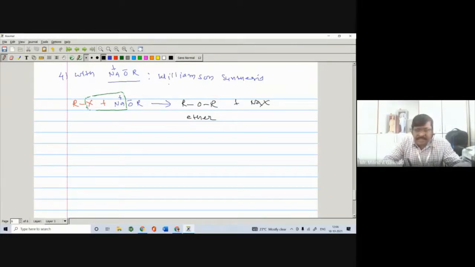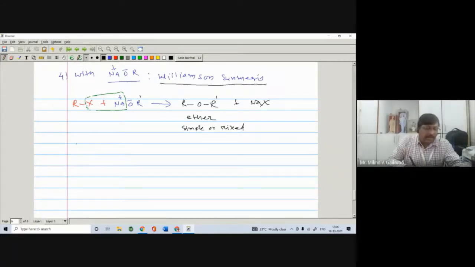In the Williamson synthesis reaction, when alkyl halide is treated with sodium alkoxide, there is a formation of the corresponding ether. So it is an etherification reaction. Depending upon the nature of R and R dash, if they are the same or different, we can get a simple ether if both are the same, or a mixed ether.